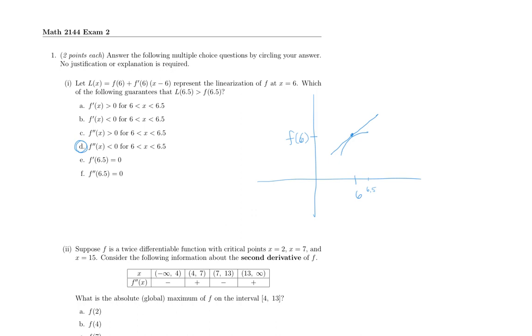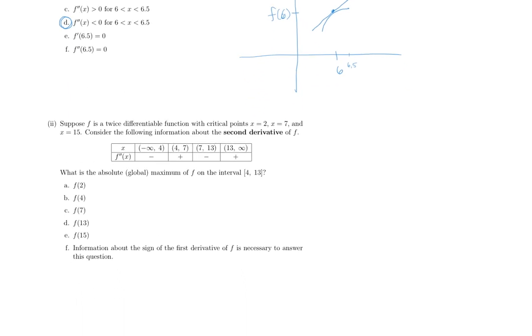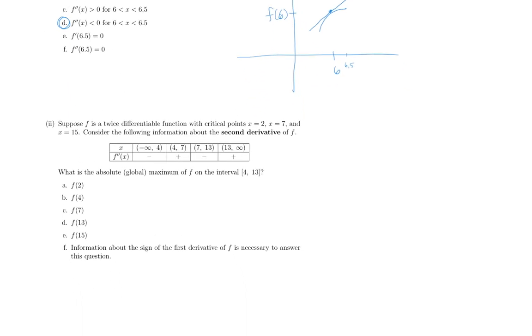Okay, for the next one, I know that f is a twice differentiable function with critical points at 2, 7, and 15. A critical point is where f prime could equal 0, so that is at 2, 7, and 15. And then I have some information about f double prime as well.